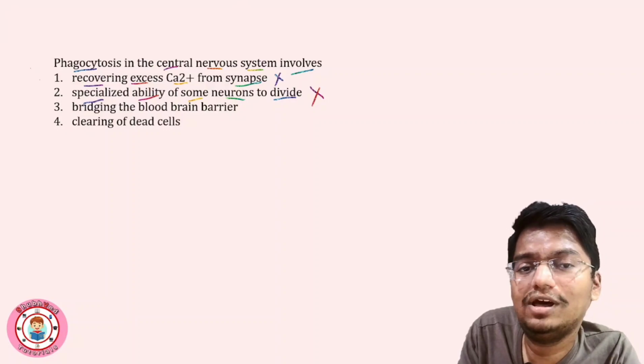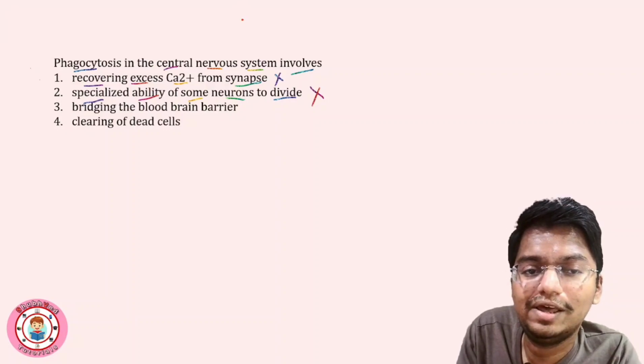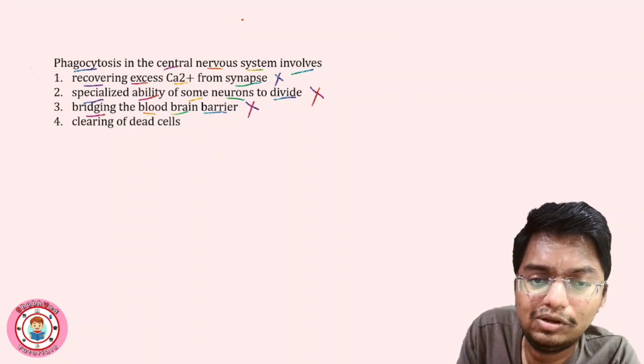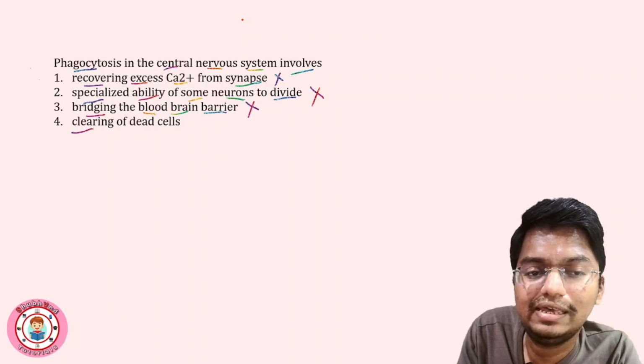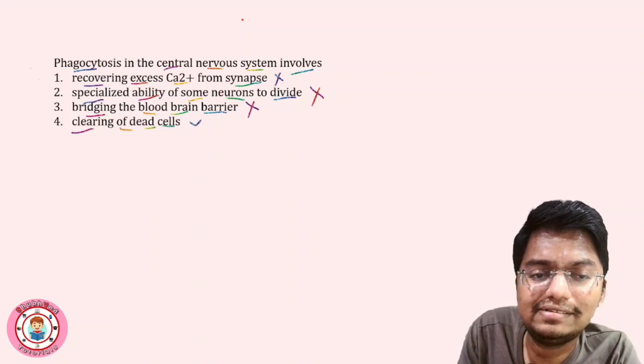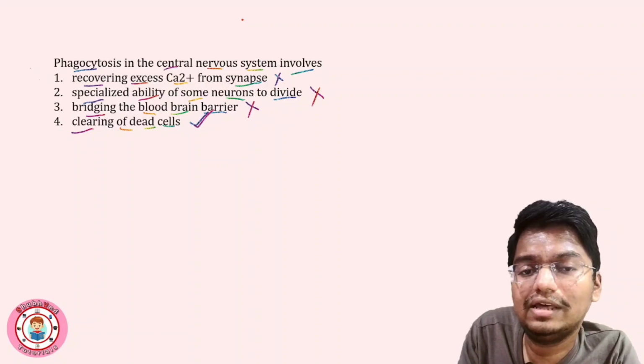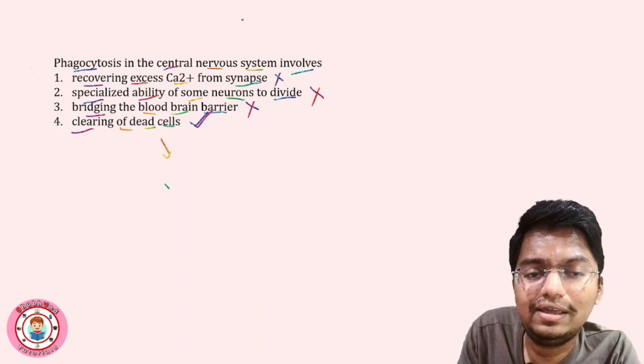Will phagocytosis involve division? No. Bridging the blood-brain barrier? No. Clearing of dead cells? Yes. Right, clearing the dead cells, and the role here is of microglia. We saw.